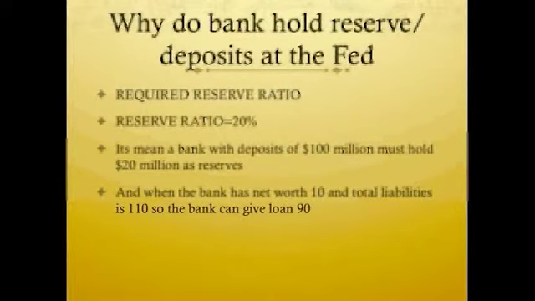Because of the legal requirement that they hold a certain percentage of their deposit liabilities as reserves, called the required reserve ratio. If the reserve ratio is 20%, a bank with deposits of $100 million must hold $20 million as reserves. And when the bank has net worth of 10 and total liabilities of 110, the bank can give loans of 90.